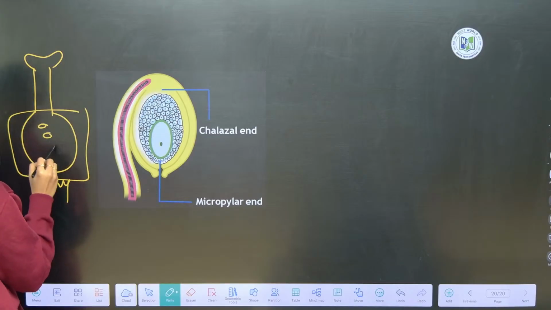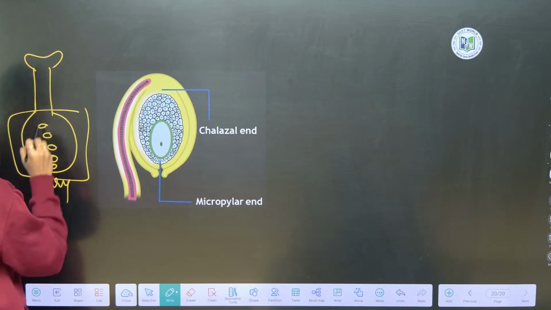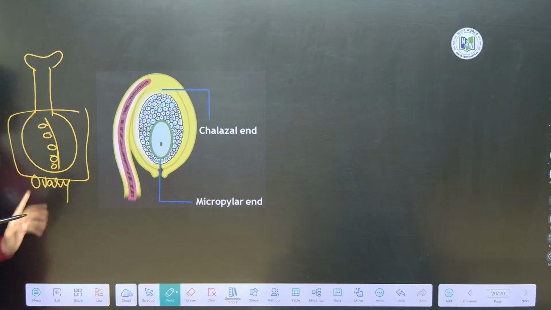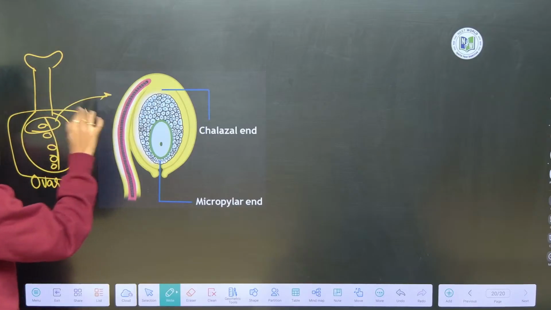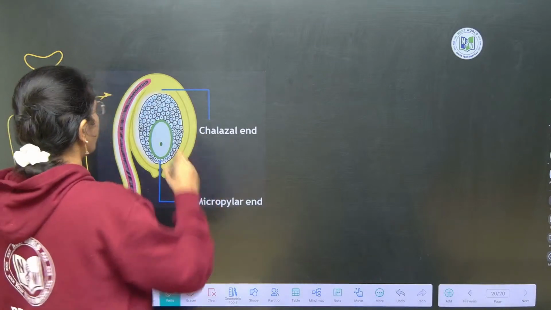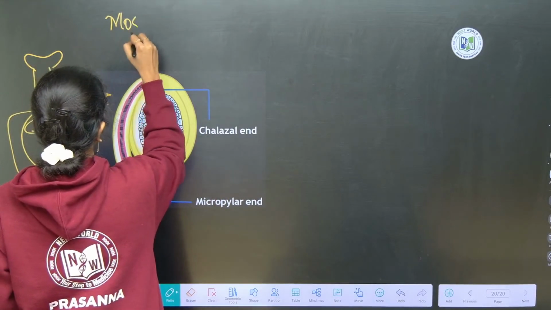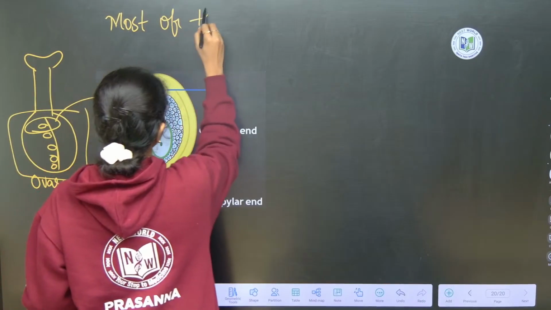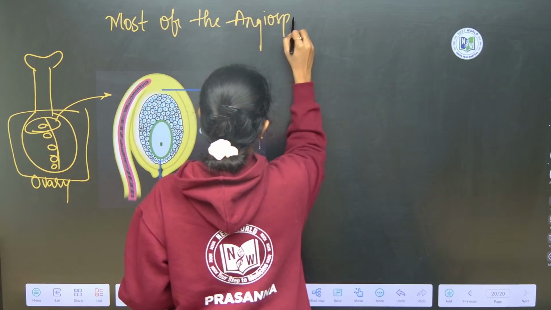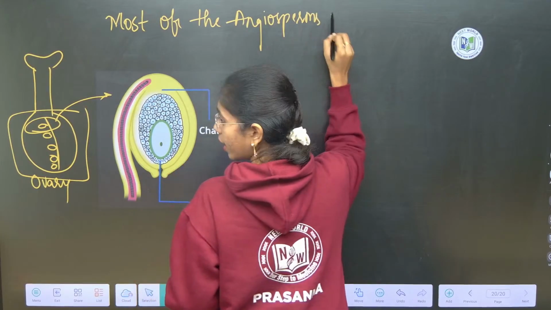Let me arrange the ovules in the form of marginal placentation, where at the ventral suture of the ovary, ovules are arranged in a straight line. So each ovule, like how it will be, most of the angiosperms will have inverted ovule.